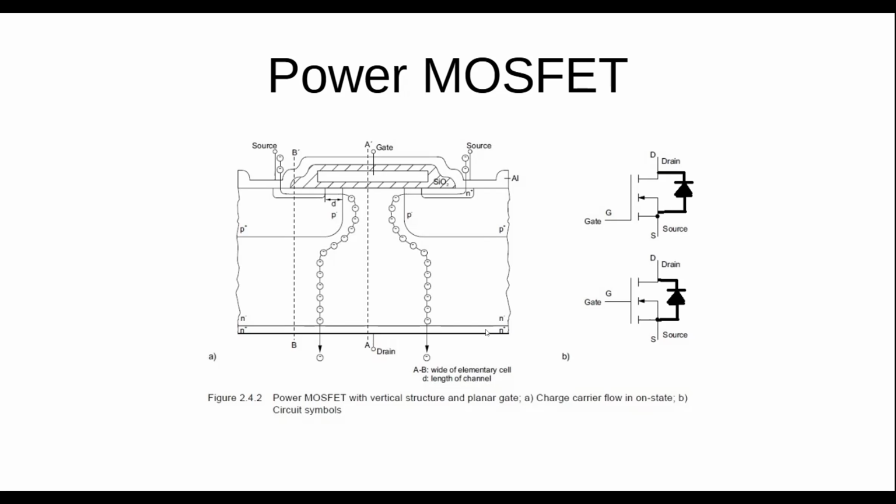And down here you have this thin layer with N plus. So at the bottom I have high doping, and then this other larger area is really lightly doped.